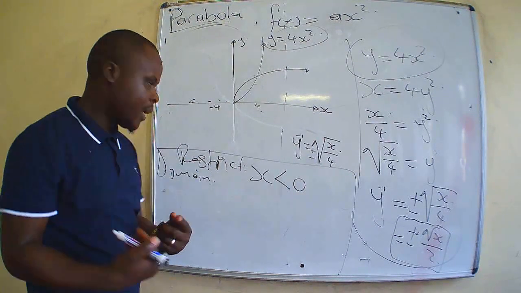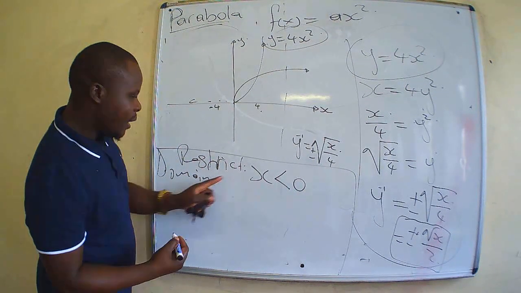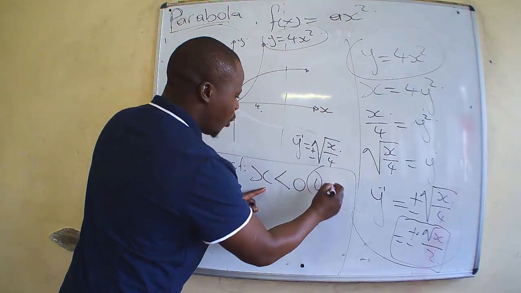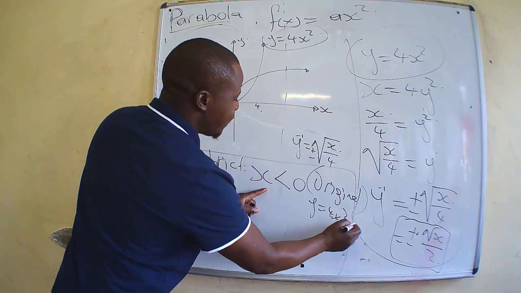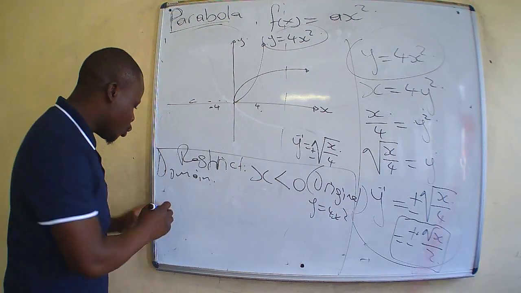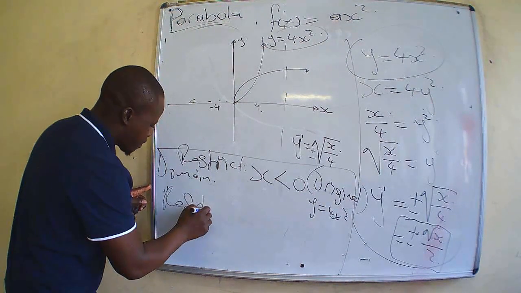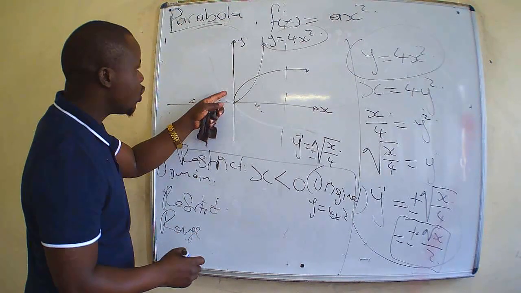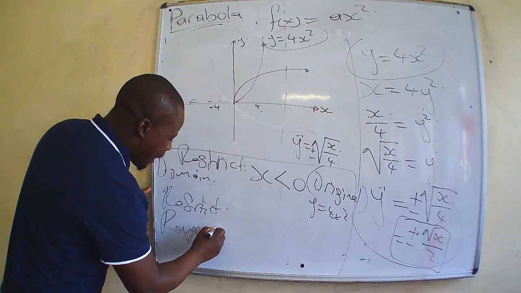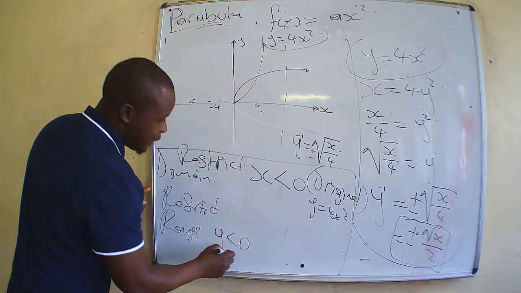Let's repeat that. Restricting the domain x less than 0 on the original, which is y is equal to 4x squared, helps to restrict the range on the inverse whereby y is less than 0.